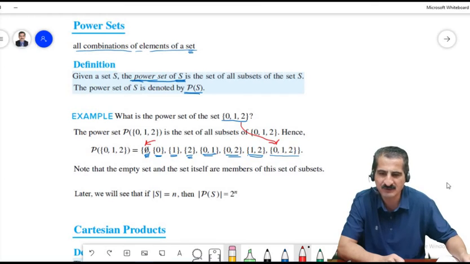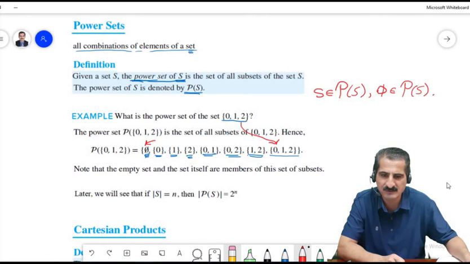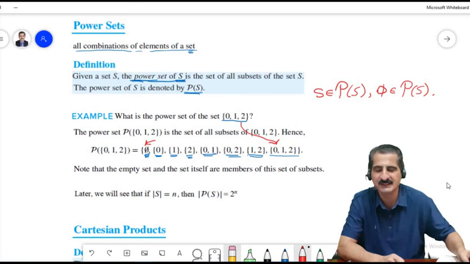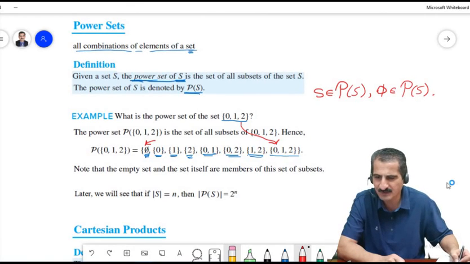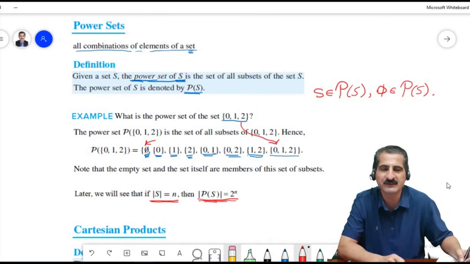I mean, the set is always an element of the power set of itself, and also the empty set is an element of that set, and this applies for any set S. Now it says if S has n elements, then the power set will have 2 to the power n subsets, and we will learn later why this is true.